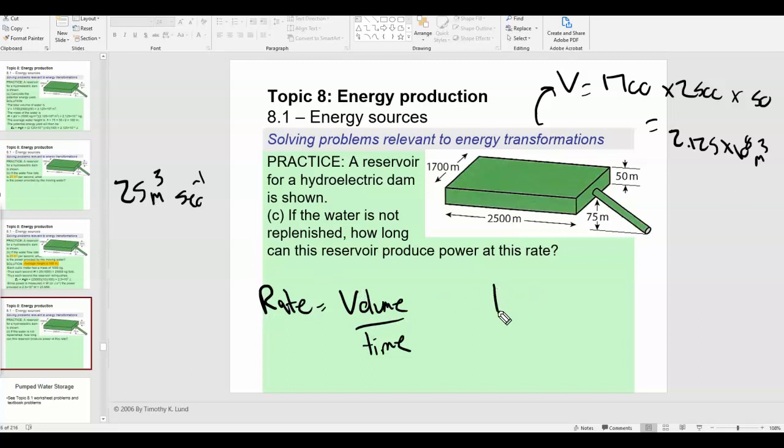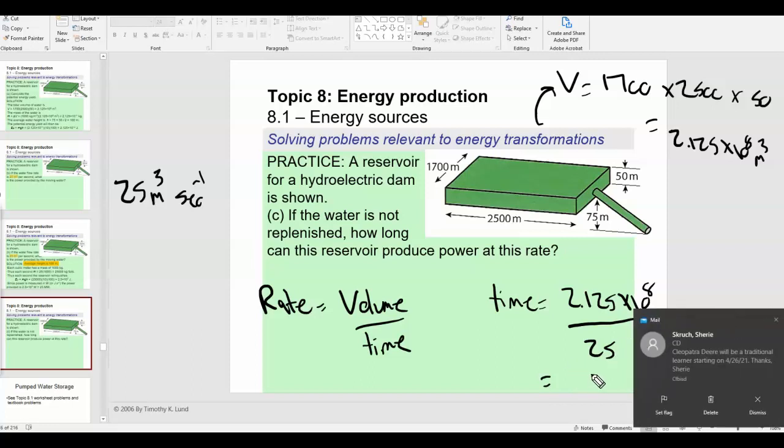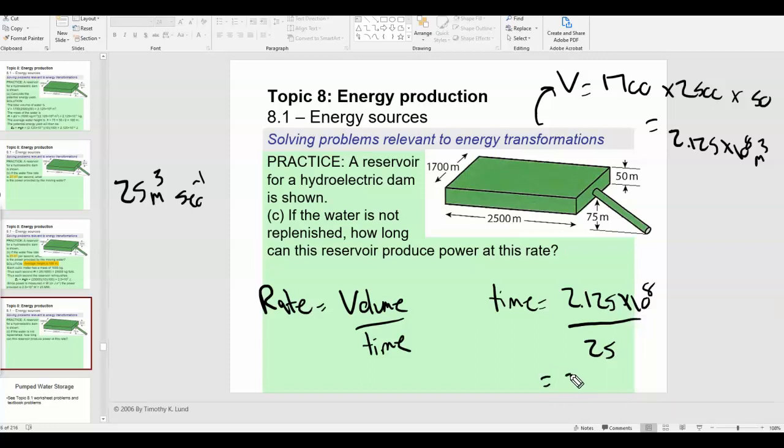And so now I can just rearrange this to get time by itself. So divide by that 25, and I get 8.5 times 10 to the 6 seconds, which is quite a lot of seconds.